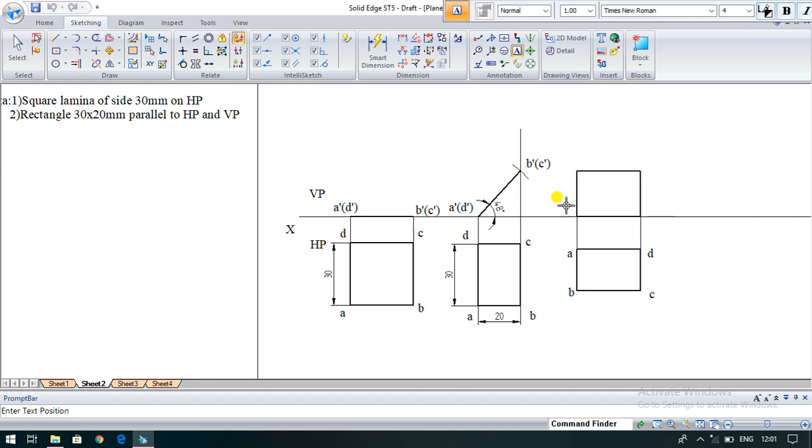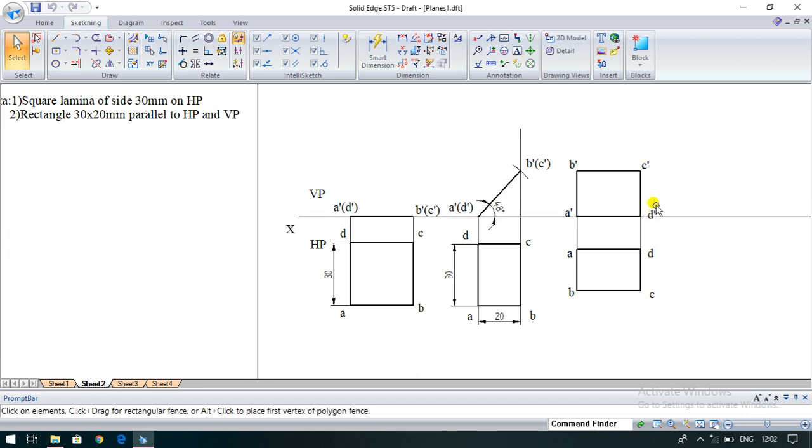I call this point B dash. That's point A dash. And here this is B. So you have to express as B dash, then C dash, and the last point is D dash. These are the front view points of the rectangular plane.